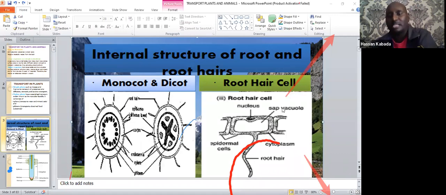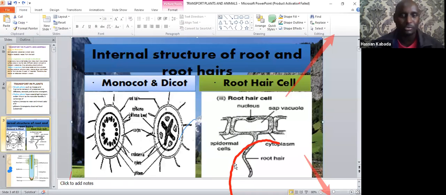The cell sap vacuole here is hypertonic to the water in the surrounding soil, so that they create a concentration gradient between the soil water and the inside of the cell, so that it is able to absorb water through osmosis. So those are a few adaptations among others, so you don't have to labor much on that.